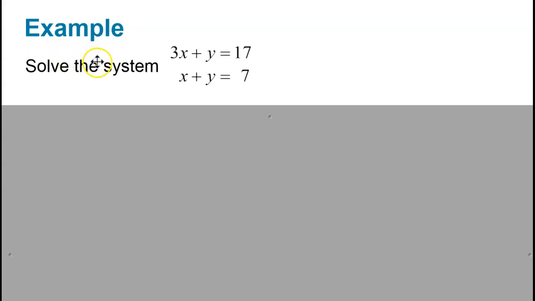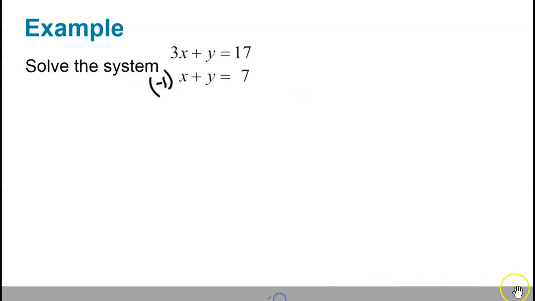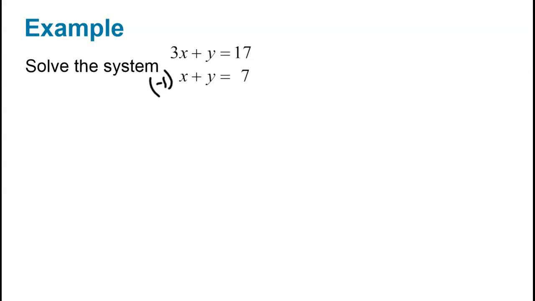Let's look at this. I can't eliminate anything by adding them together, but if I multiply this equation by negative 1, let's do that.